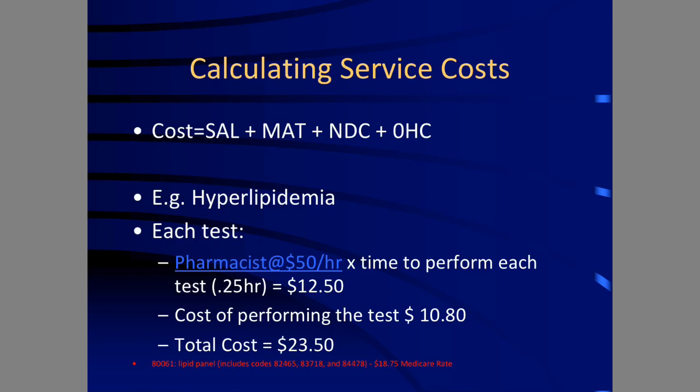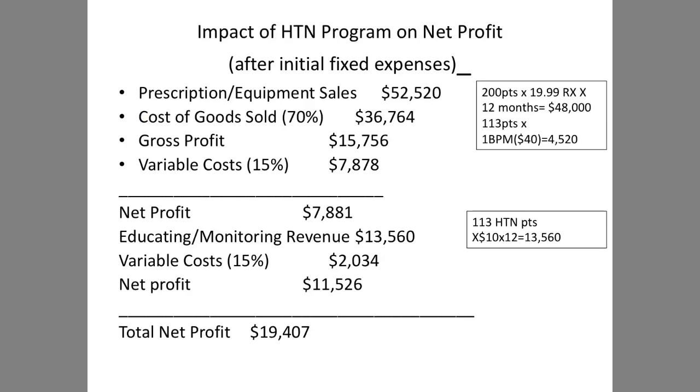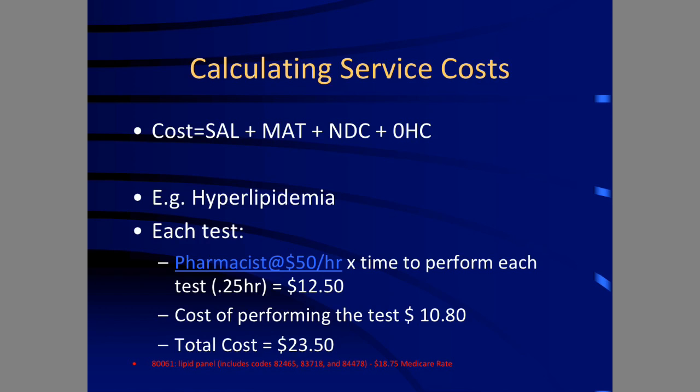So my total cost to deliver this service, even if I don't factor in indirect costs, just doing simple math, would be around $23.50. Now, if the average reimbursement for billing Medicare for a hyperlipidemia test is like $18.75, then if you take a look, I actually lose money on this.